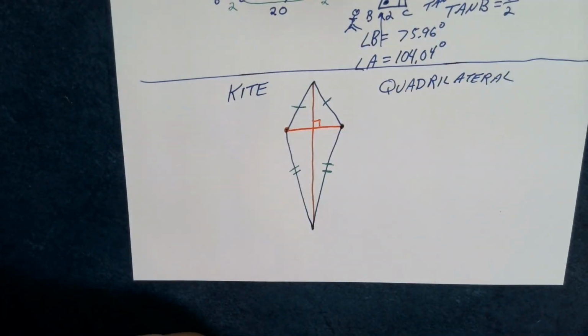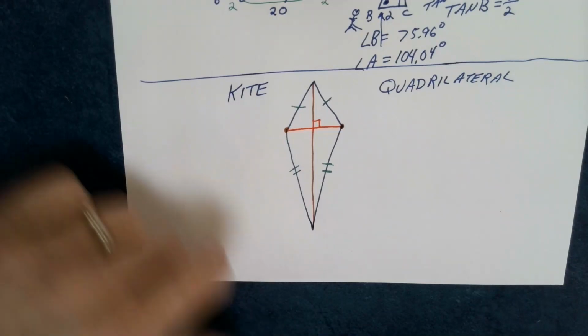That's kind of a cool fact for kites. And again, anytime you get right angles in there, then you have that whole right triangle trigonometry stuff that you can use to do lots of different math with it. That's why we covered all that right triangle trig beforehand.